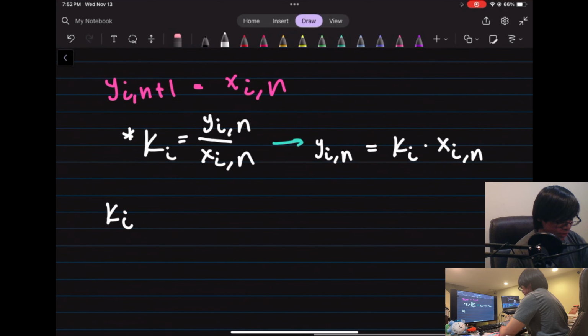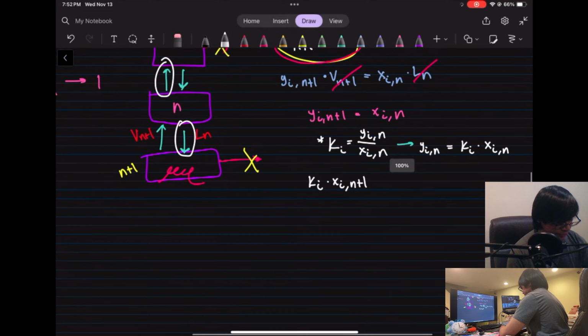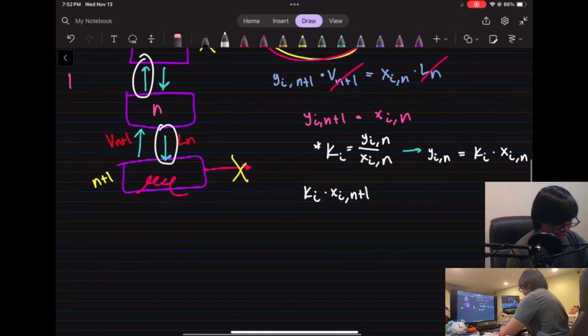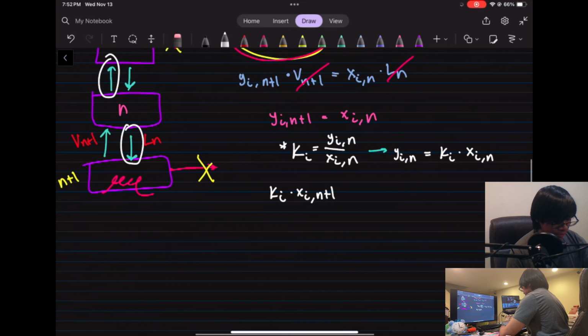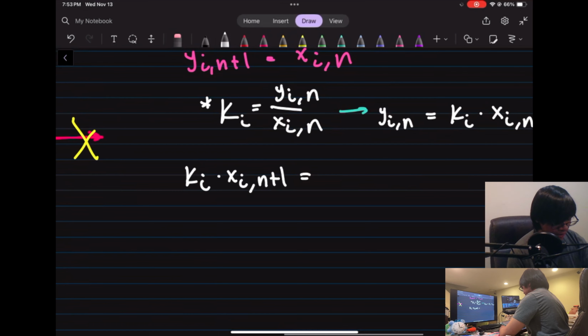So those actually match up, but in our derivation, I believe it was n plus 1, corresponding to the liquid coming down. Oh, that is correct. That's interesting. Okay, well, we'll keep going like this. And then bring that down, we have xin.